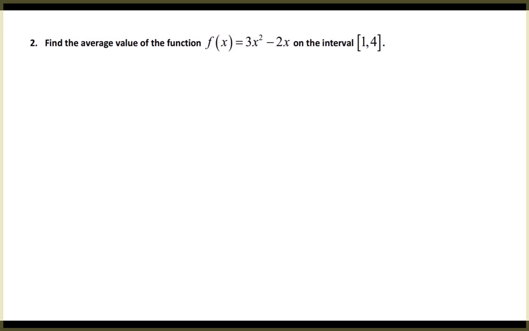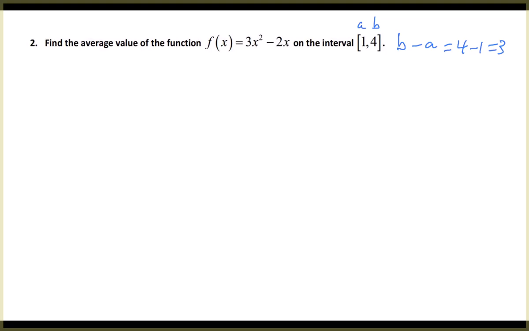So our function is 3x squared minus 2x. And the interval we're talking about is 1 to 4. If we don't have an interval, then this doesn't make any sense, right? So the first thing I'm going to do is integrate. I'll label this first. Should the weird squiggly thing be on top or on the bottom? Top. Okay, next, the integral sign.